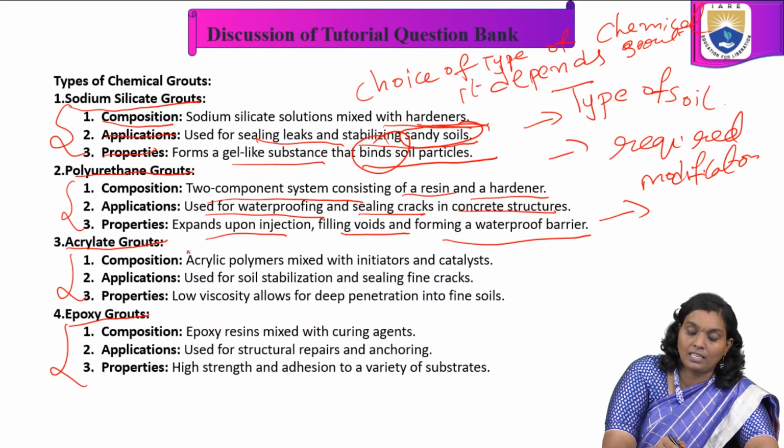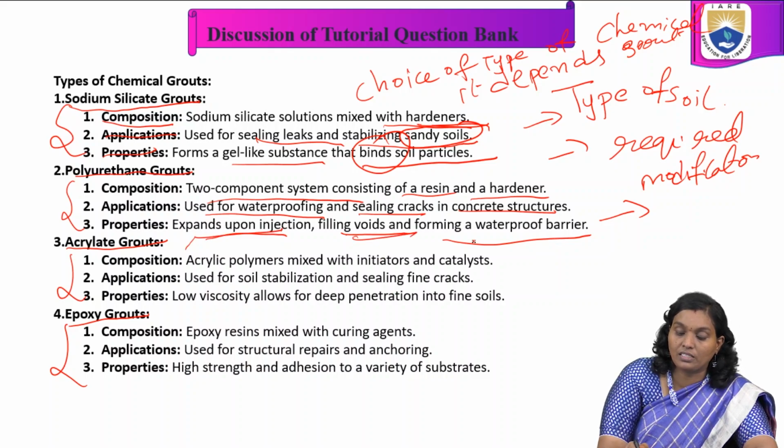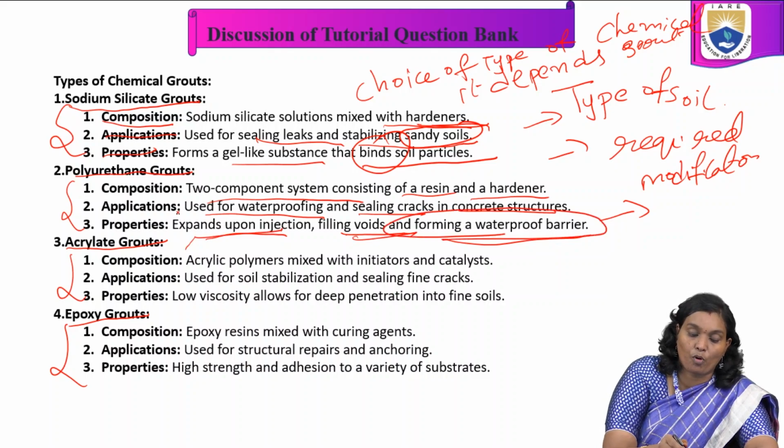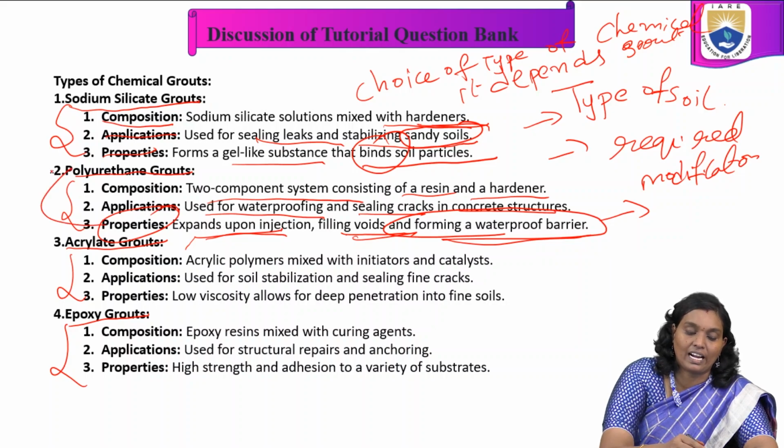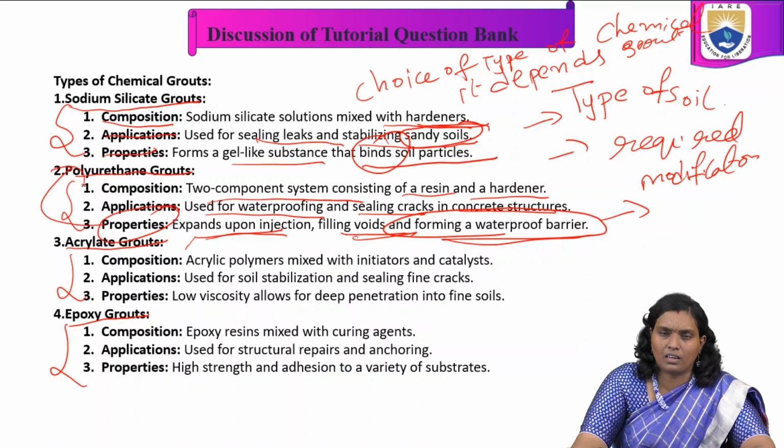So expanding upon injection, filling of voids, forming a waterproof barrier are the properties which we get by using this kind of chemical grout technique.